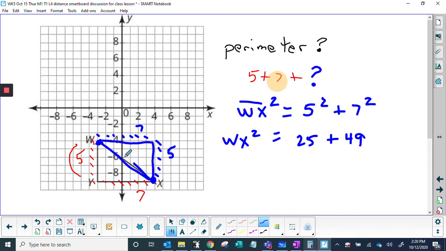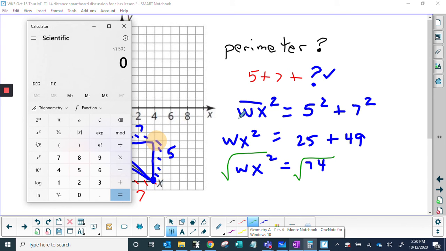So WX squared equals 74. Again, we have to undo the square by doing the square root. Let's grab our desktop, clear it. 74, square root, 8.6.